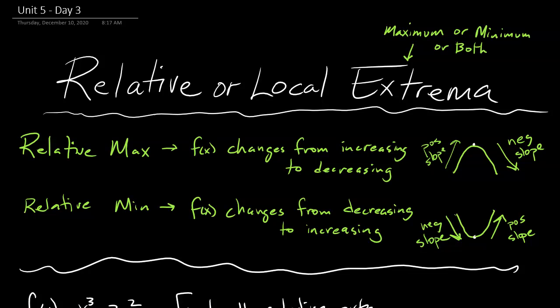Okay, so what we're going to find is critical numbers and critical points, which basically happen whenever you change from increasing to decreasing. This is how it's going to tie in with what we did yesterday.